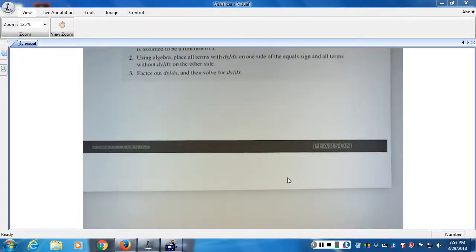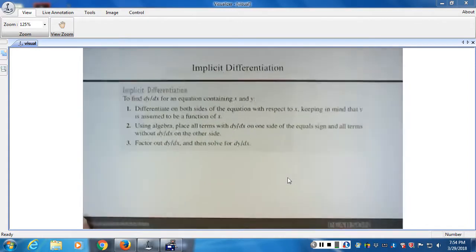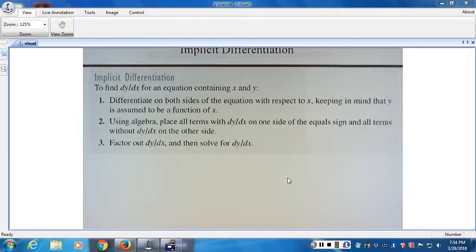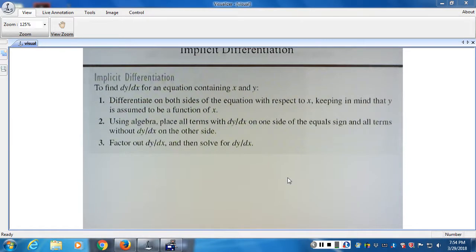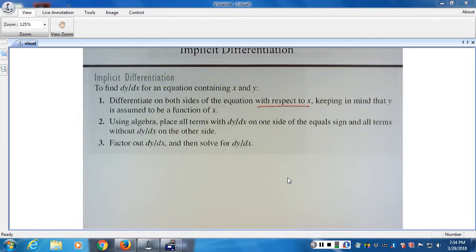So here's your set of steps. If you have an equation where the terms have x's and y's mixed up together, you differentiate both sides of the equation with respect to x, and keep in mind that y is assumed to be a function of x.